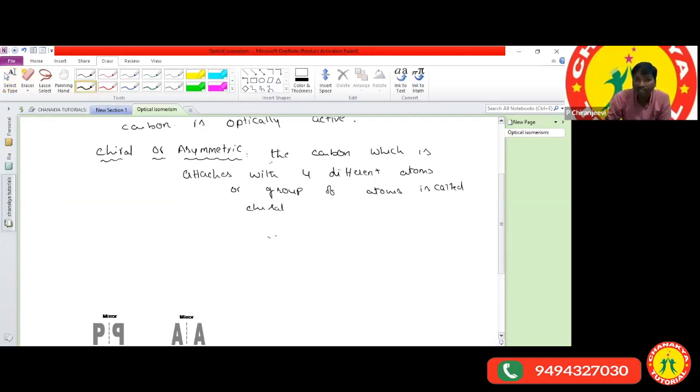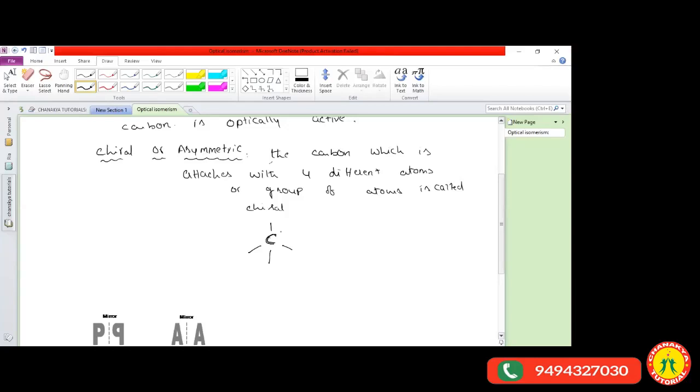Here C is the carbon. What is the valency of the carbon? Four, sir. So carbon has tetravalency, which means four.